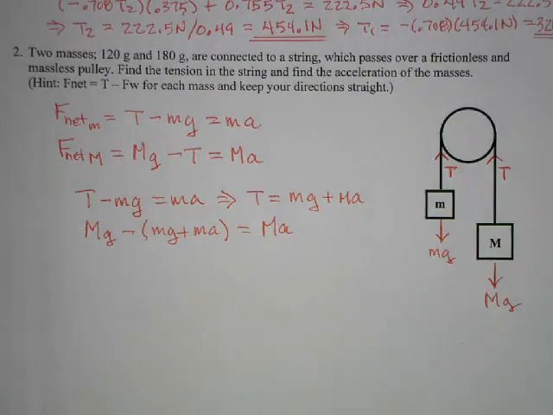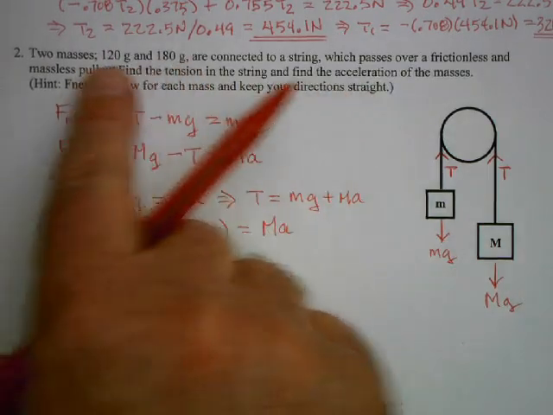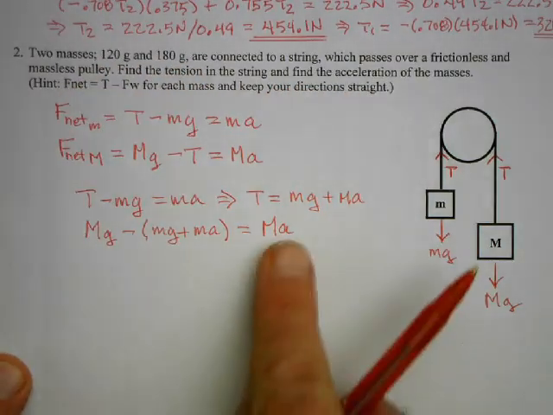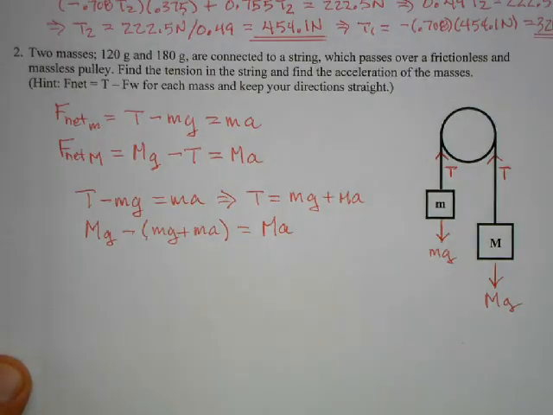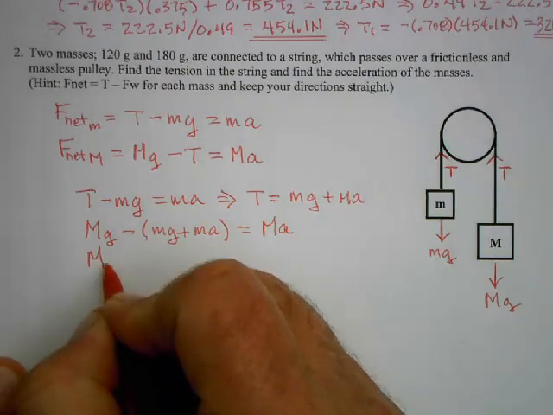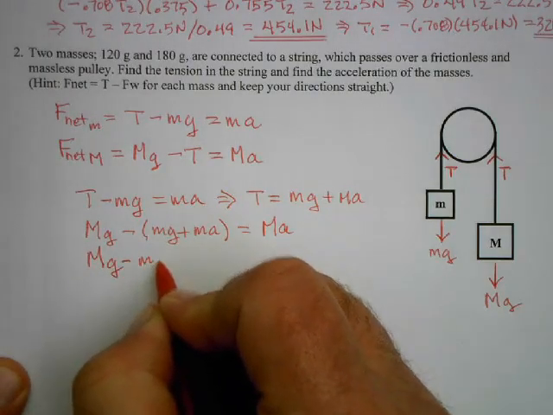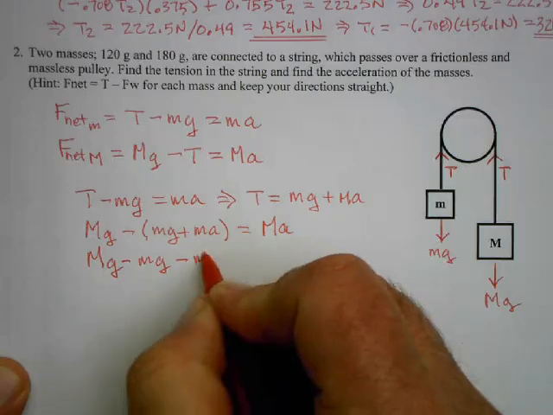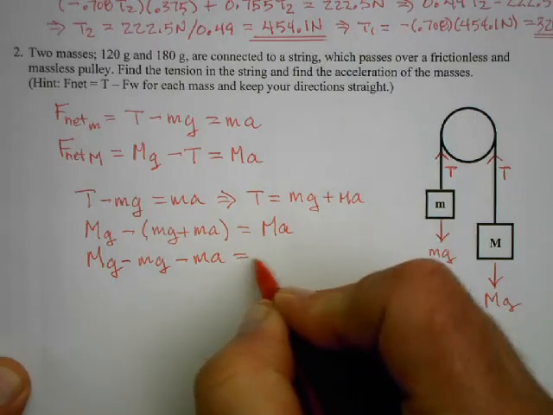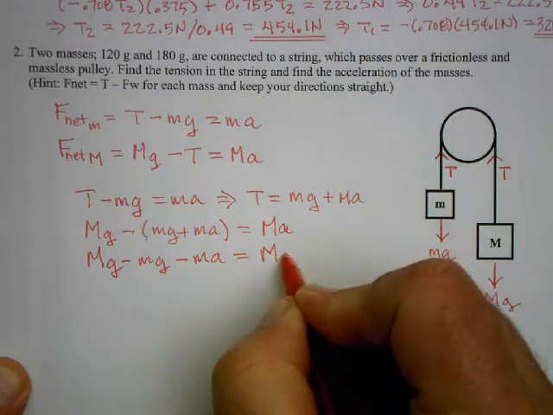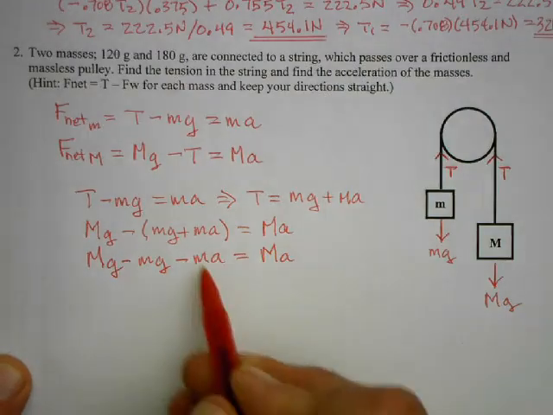Now, what I need to do is solve for the acceleration in this case. I know the masses, they're listed right here. I know what gravity is. The only thing I don't know are the accelerations. So I need to do a little bit of algebra. So first, and then I'm going to move the MA term to the other side.